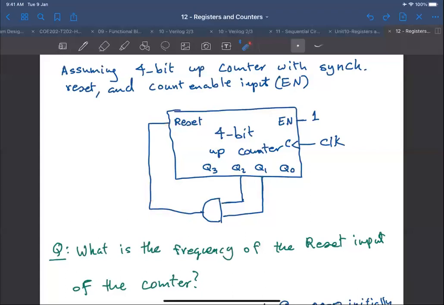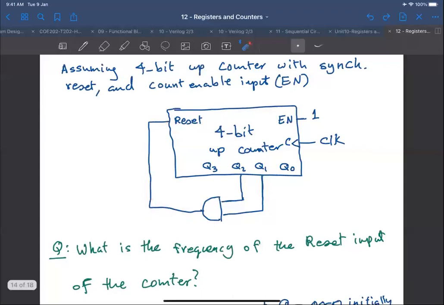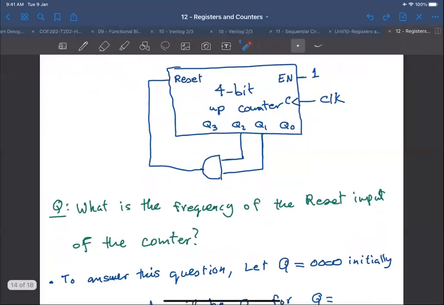If you know the period, you'll know the frequency. So let's analyze this. We first assume, without loss of generality, that we start initially from all zeros.